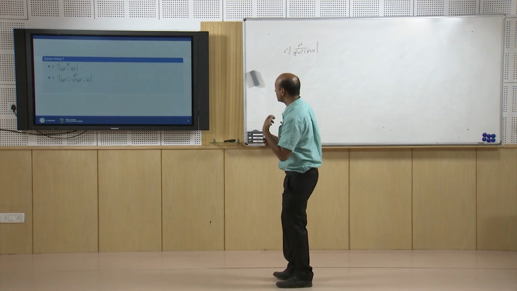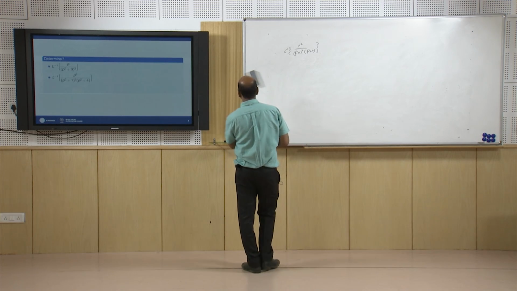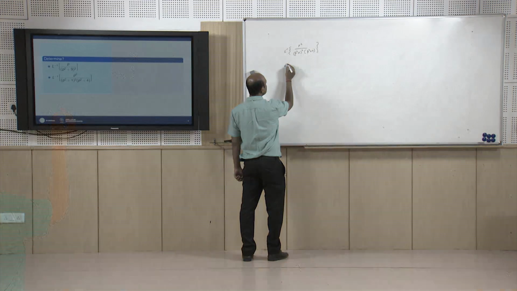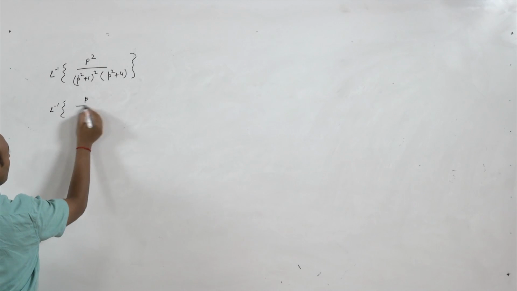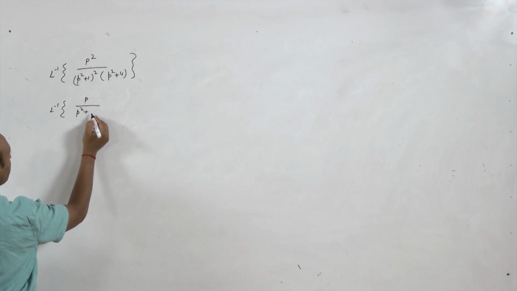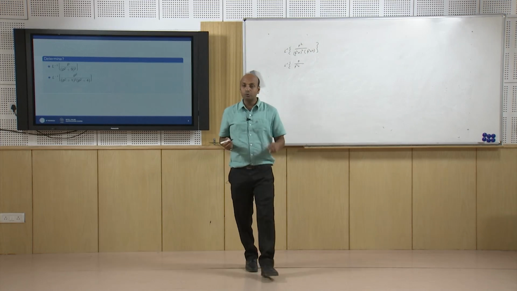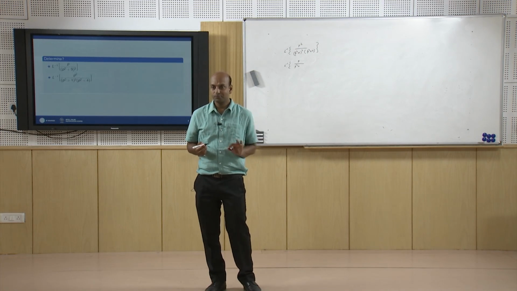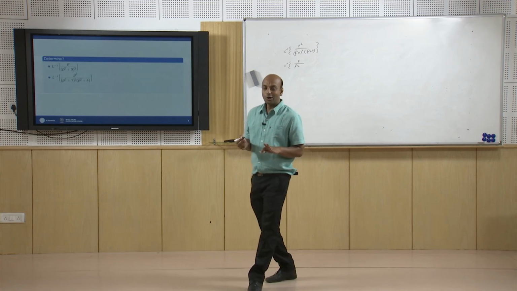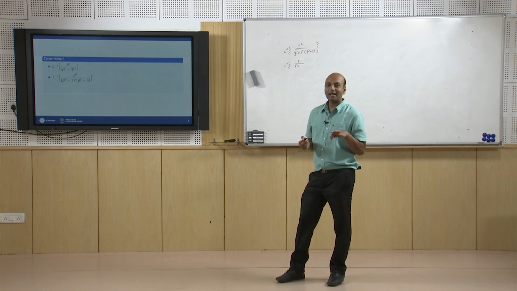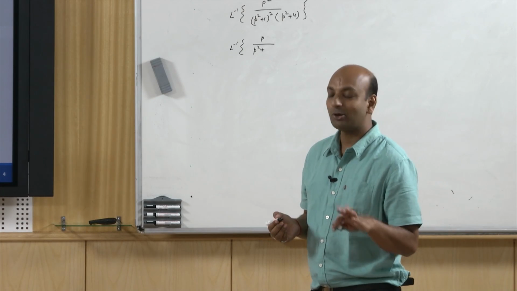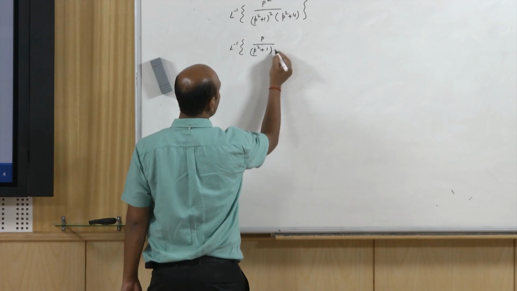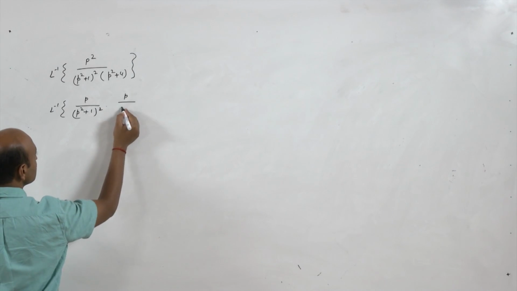So, it is p square upon p square plus 1 whole square into p square plus 4. So, either you can split into 3 and apply convolution theorem 2 times, it is again our choice, or you split into 2 and apply convolution theorem only once. So, you can do like this into this and this into this.